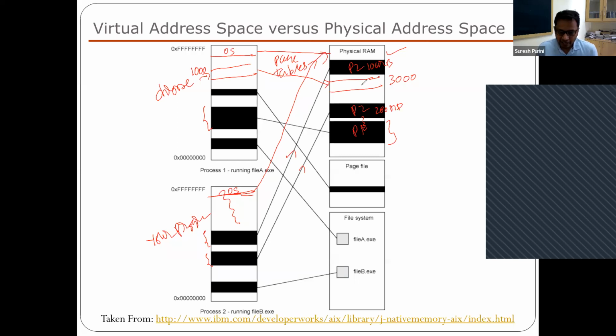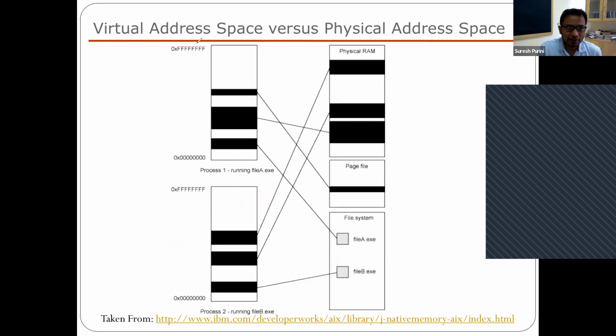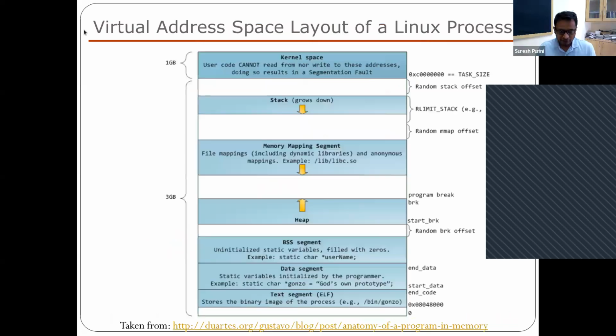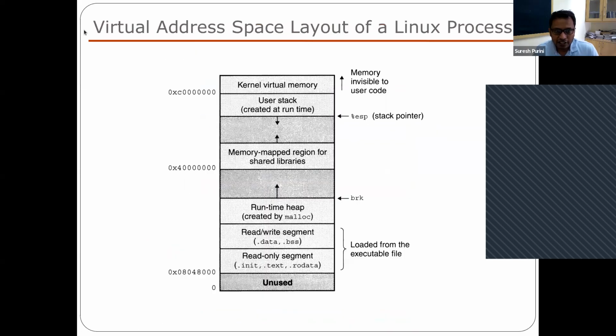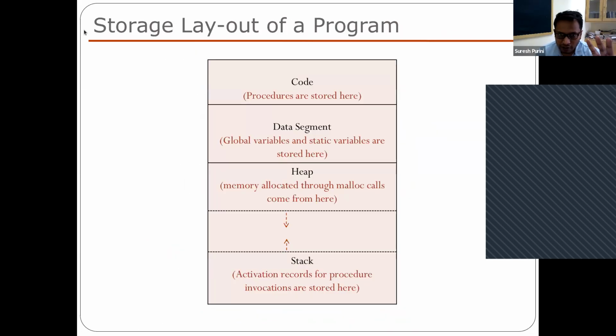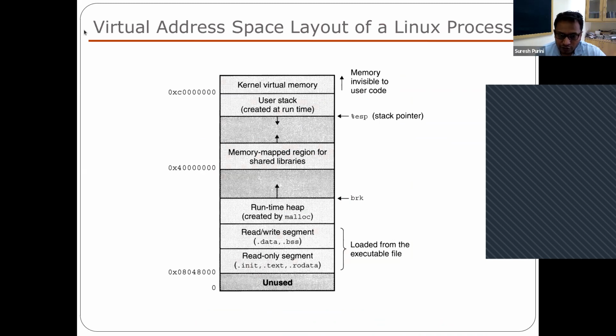The important idea is this. Why we are bringing up all these issues is, if you go back, the first one is the logical view of the memory layout of your process. The second, when we move here, will be the actual physical layout.